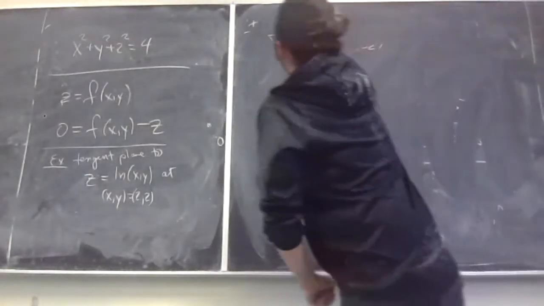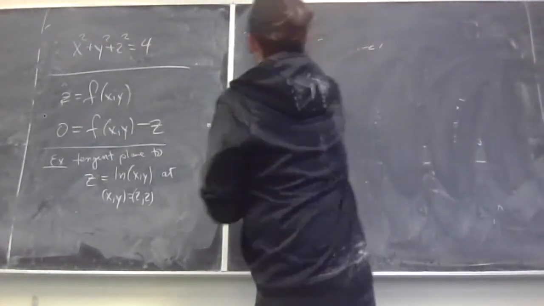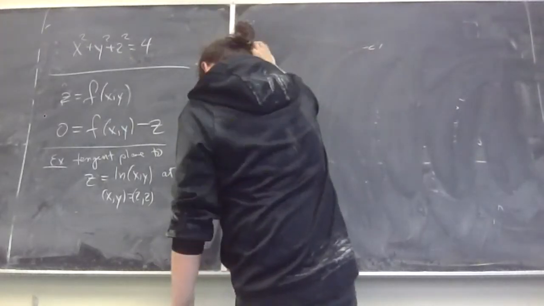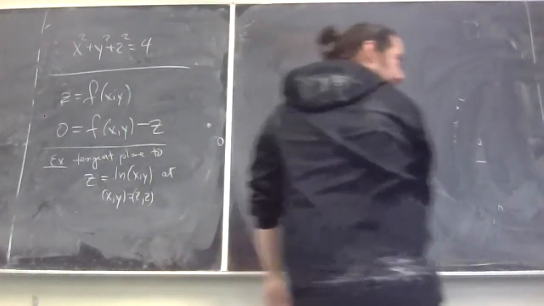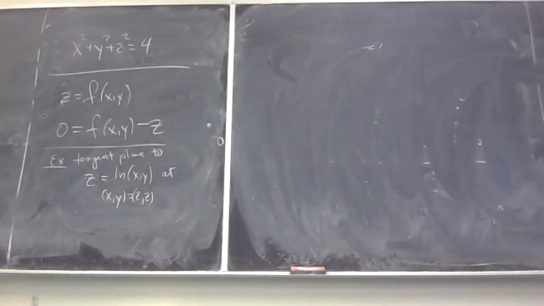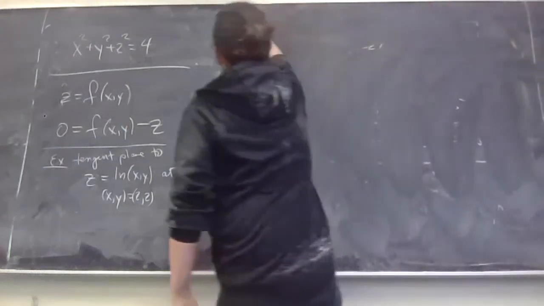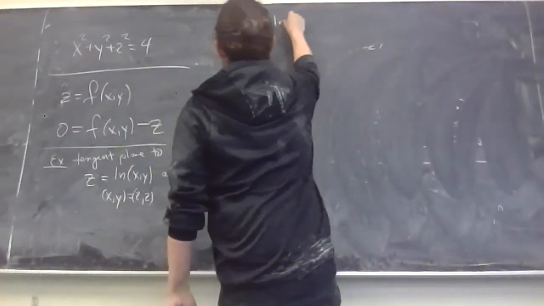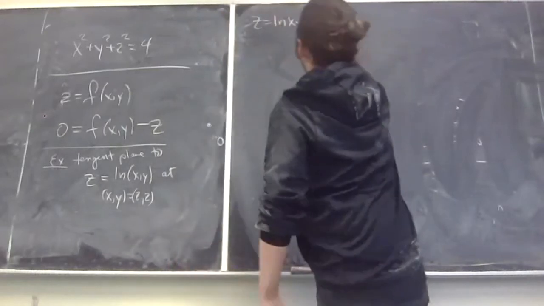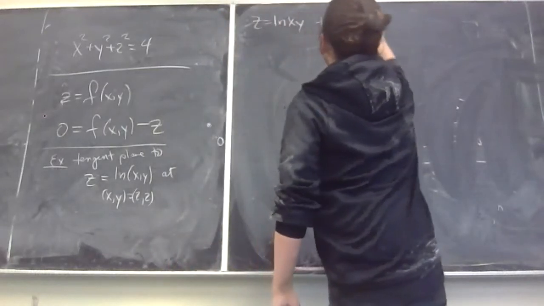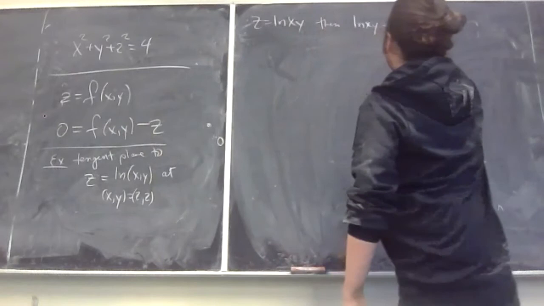Or I can compute directly by saying this. If z is equal to the natural log of xy, then the natural log of xy minus z is equal to 0.